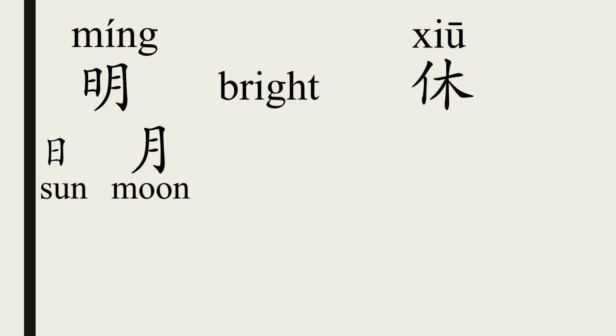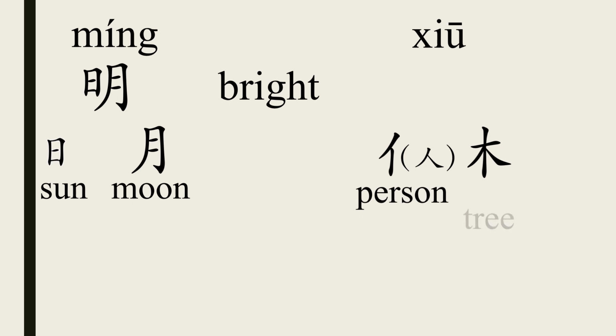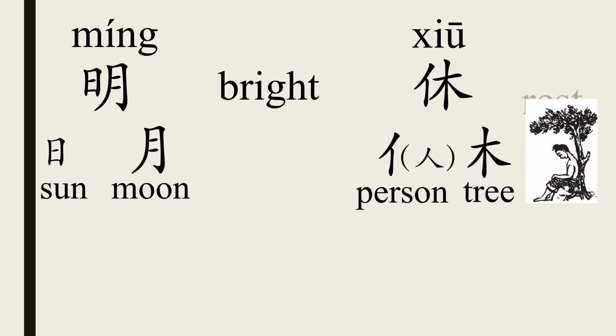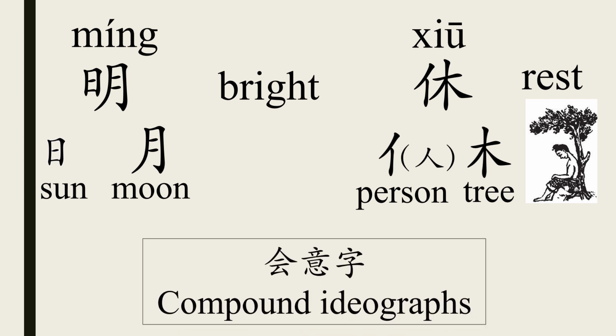Another example, 休 consists of 人 and 木. 人 means person, 木 means tree. You can imagine a person resting under a tree. So 休 means rest. And these kinds of characters are called compound ideographs.